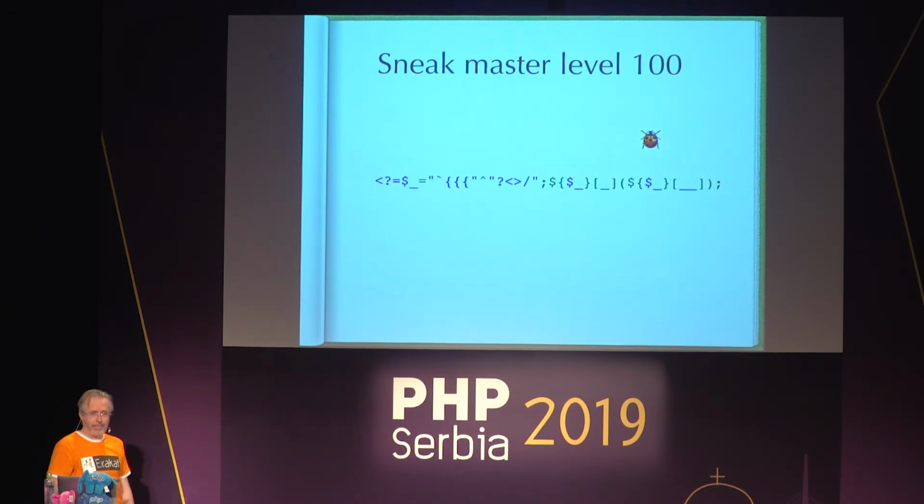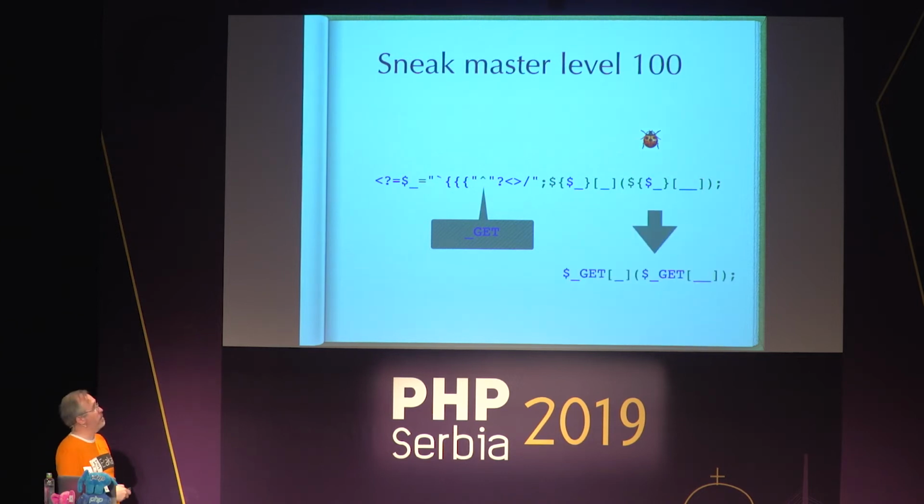Can you decode that? No, you can't, of course. I did it. It's GET. Ooh. And then you've got variables, which means that the second part is going to be that. And then you've got, of course, the echo here, so you've got yourself a nice injection without using any letter.